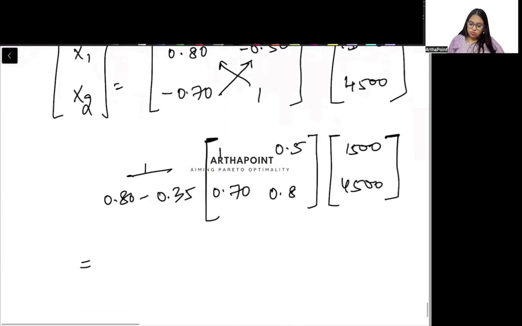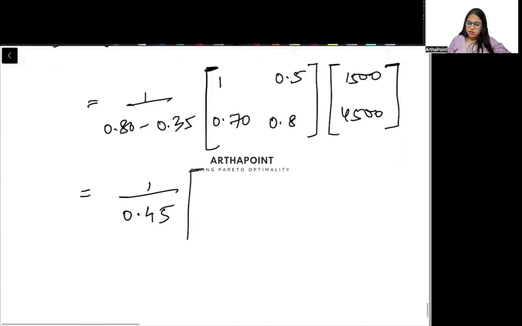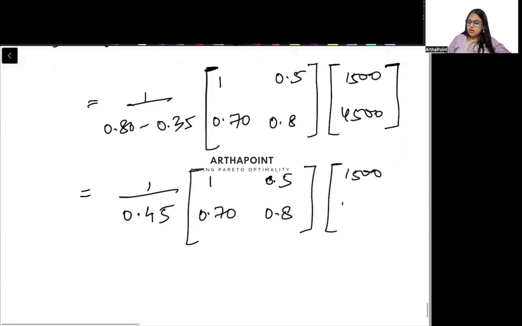So this is going to be 1 upon 0.55, beta, right? Not even 0.55, 0.45. So 1 upon 0.45, times 1, 0.5, 0.70, 0.8, into 1500 and 4500.